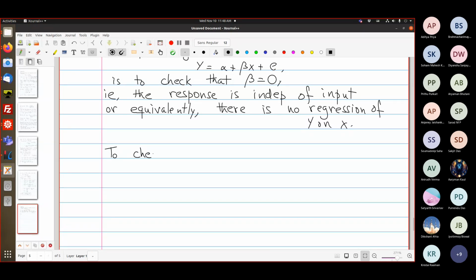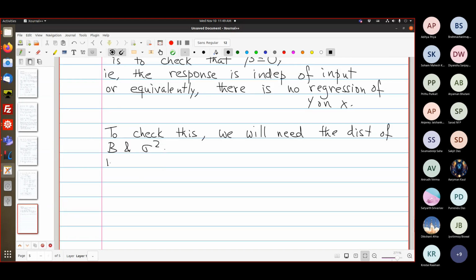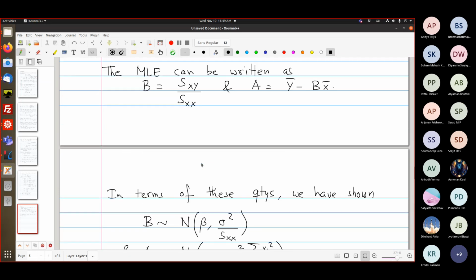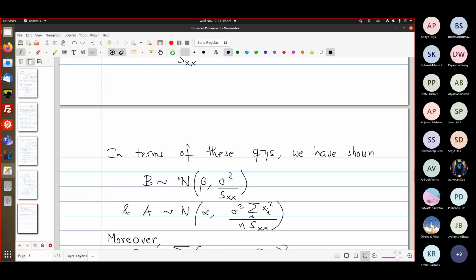So to check this, we will need the distribution of b and sigma square. So we have shown, let's go back here, that b is a normal with mean beta and variance sigma squared by sxx.